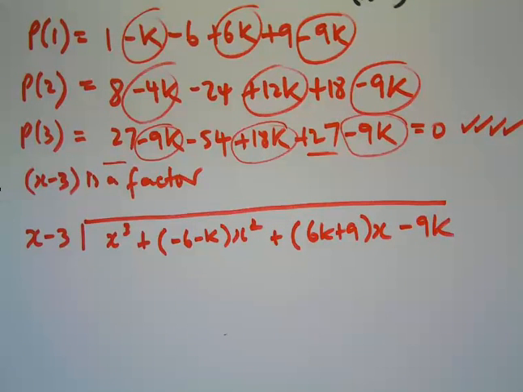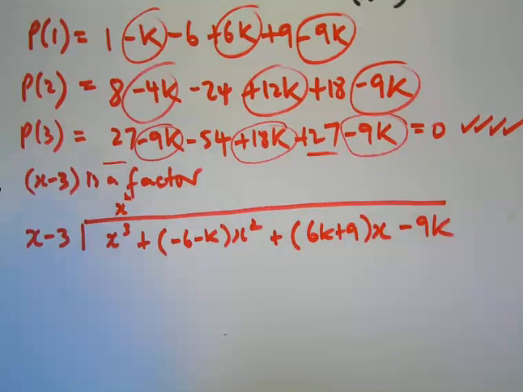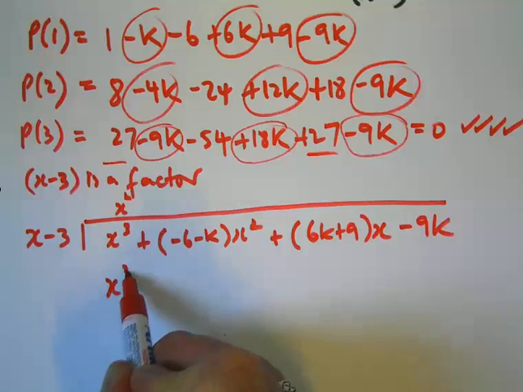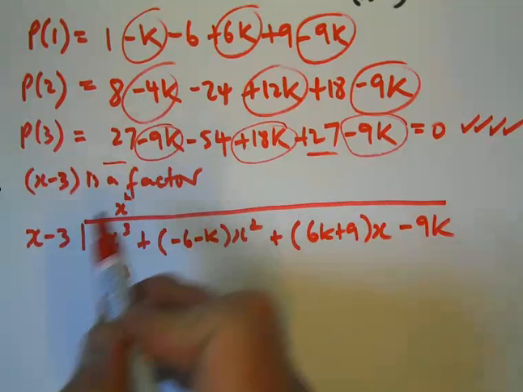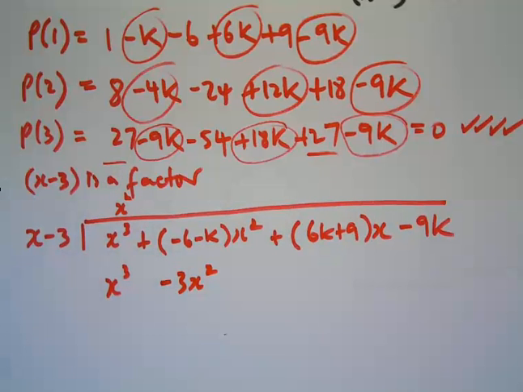Now to do my division, x goes into x cubed, x squared times. X squared times x is x cubed. X squared times minus 3 is minus 3x squared.